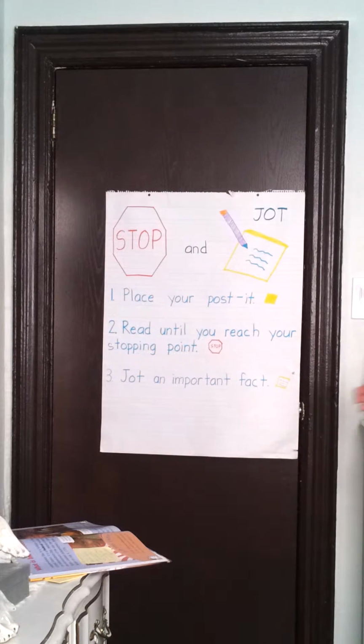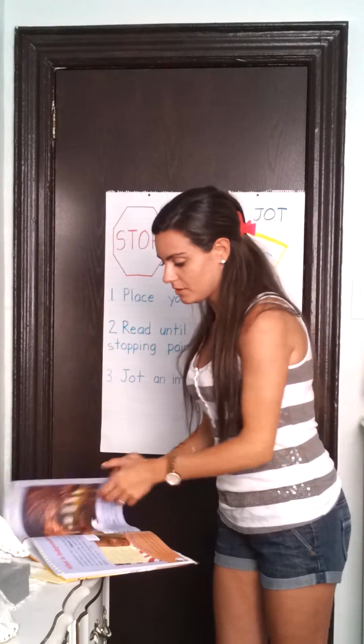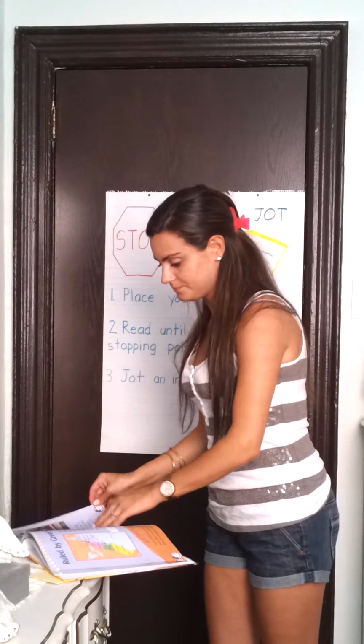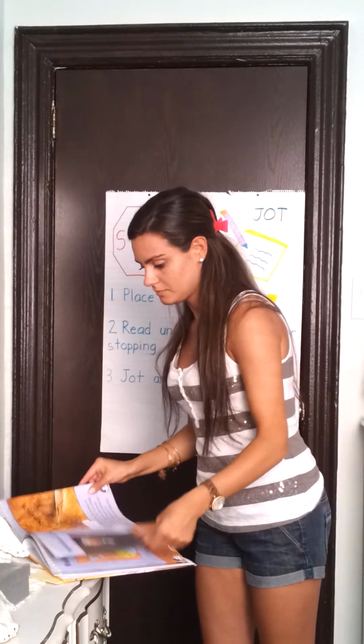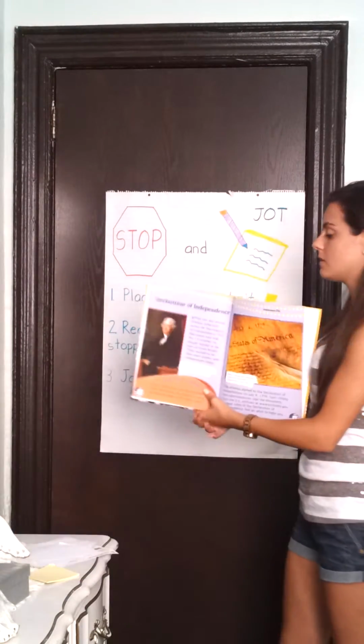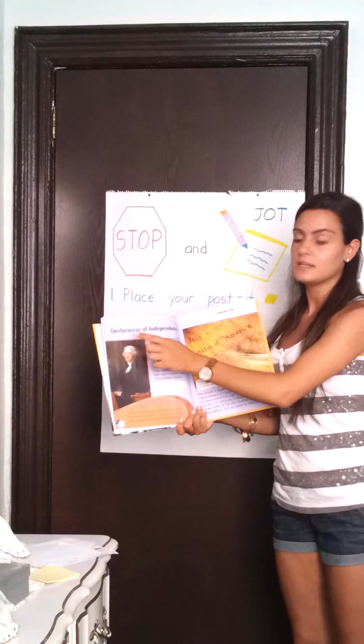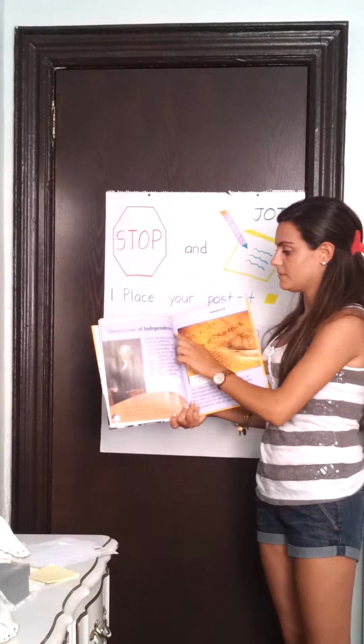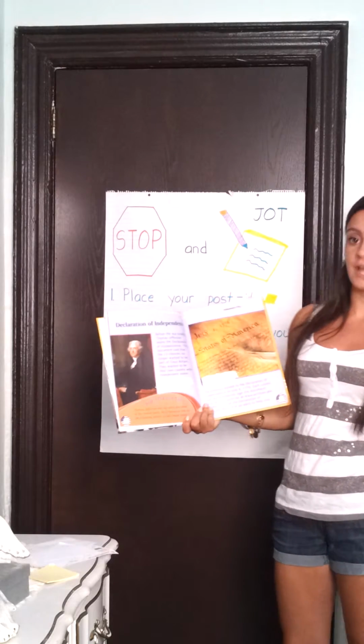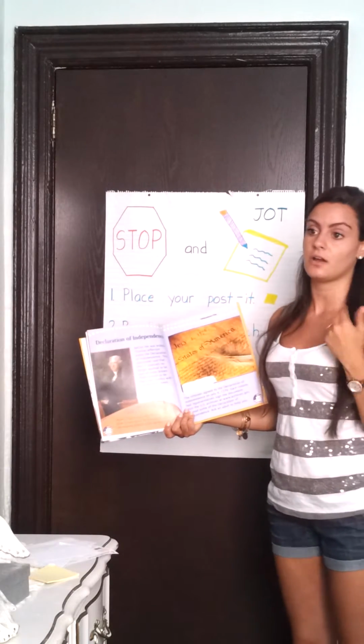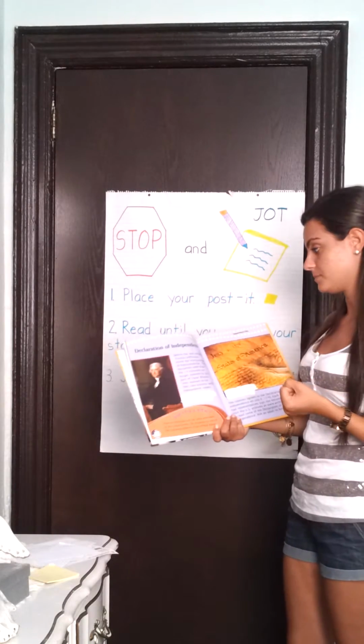So I'm going to find the next subheading, and we are going to read it together. The subheading is Declaration of Independence. So let's read it together, and we're going to stop and jot what we think is an important fact.